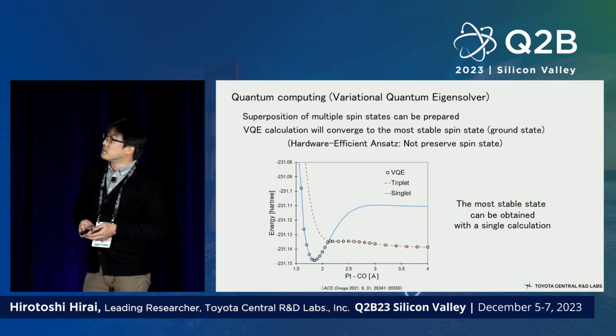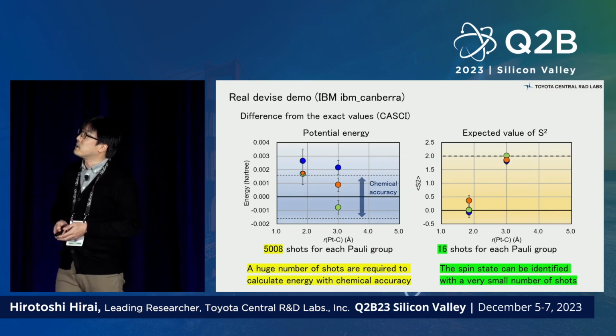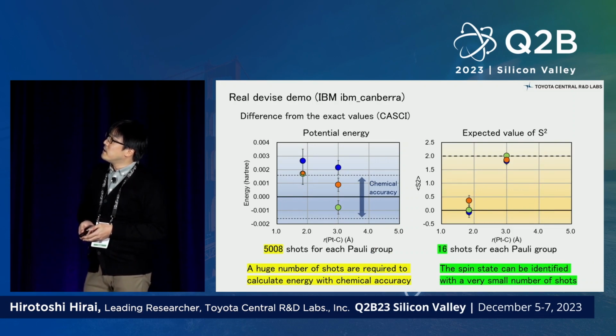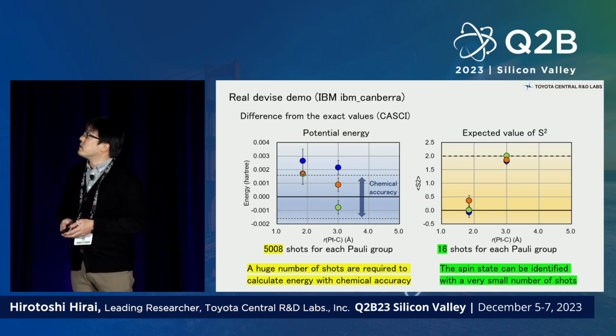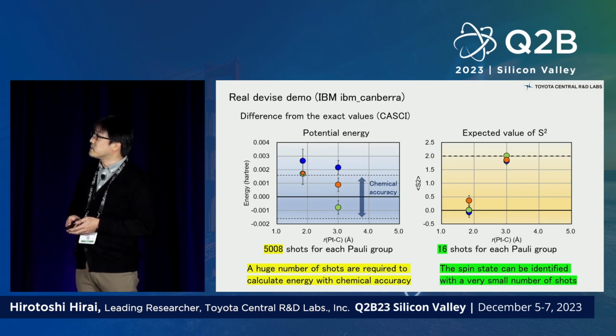So we also conducted a real device demonstration. We used the IBM Canberra machine, and the left graph shows the energy difference from the exact value, and the right-hand graph shows the spin value, at 2 points of platinum carbon CO distance.